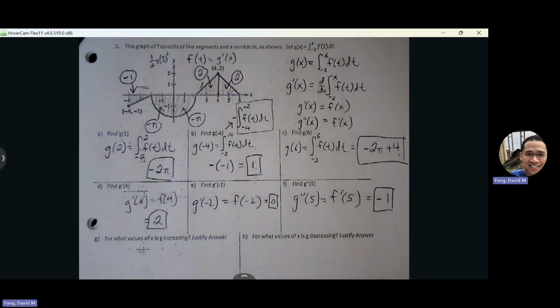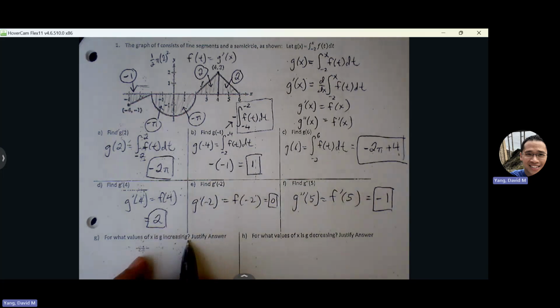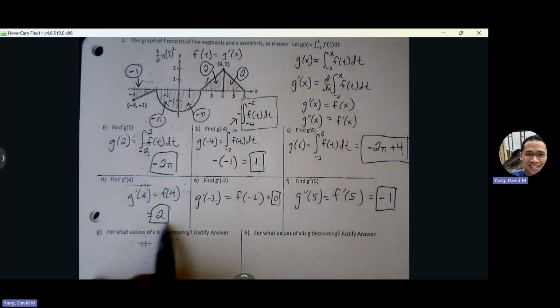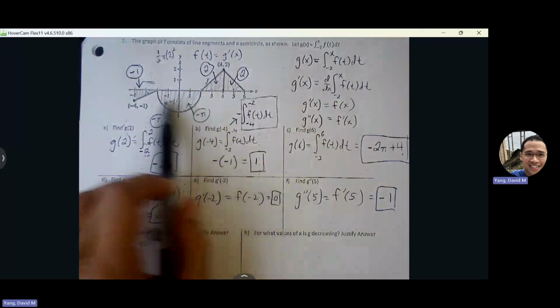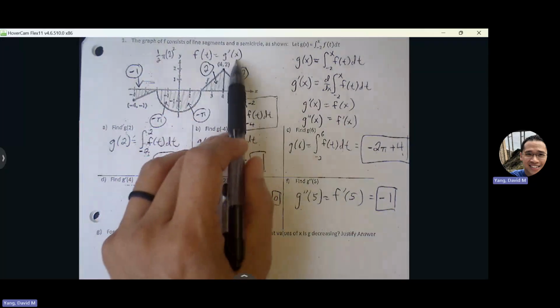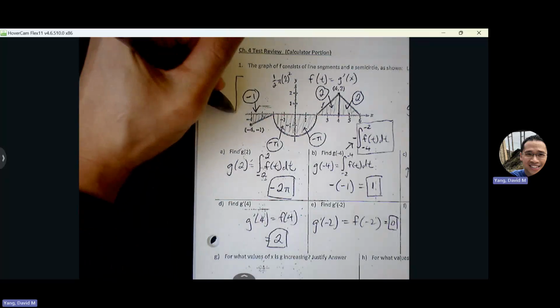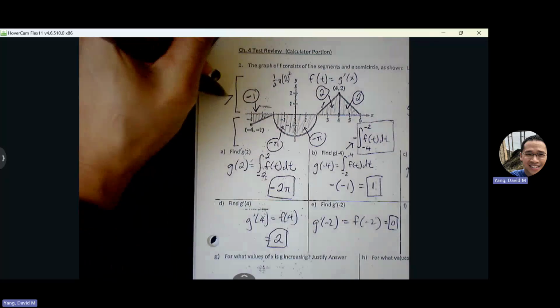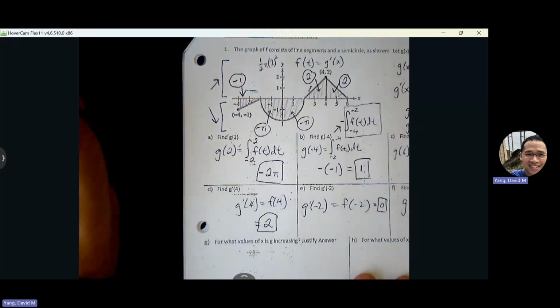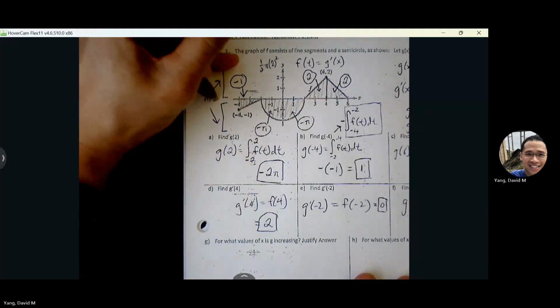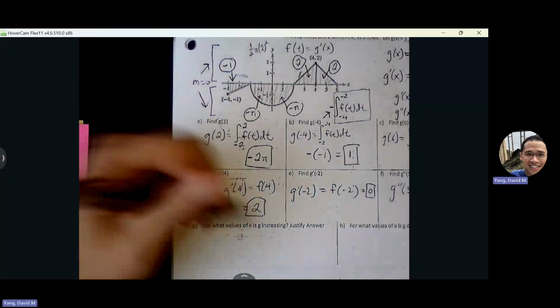All right, next up. Find for what values of x is g increasing. So for increasing, this is basically the f graph, but we know this f is really g prime. So we're basically looking at g prime. So let's label our derivative graph accordingly. Above is positive slope, below is negative slope. On the x-axis, slope 0.